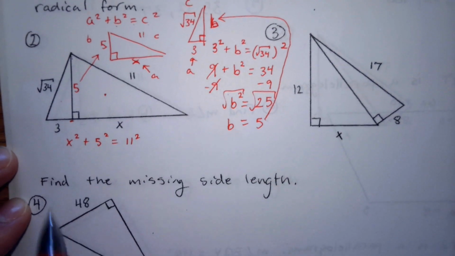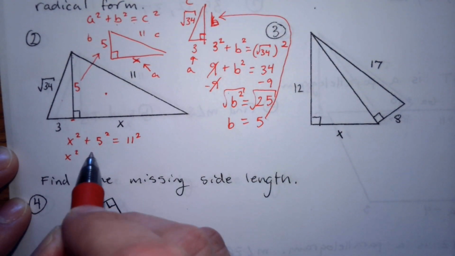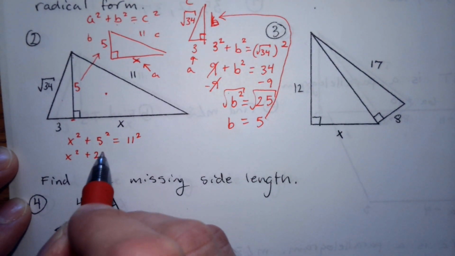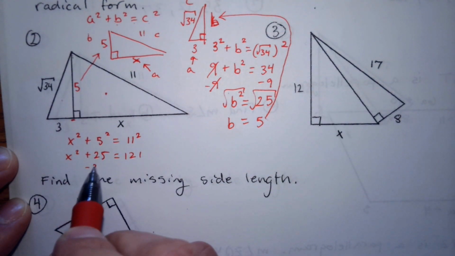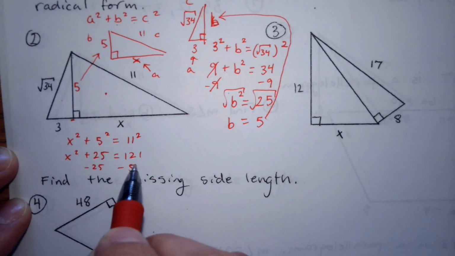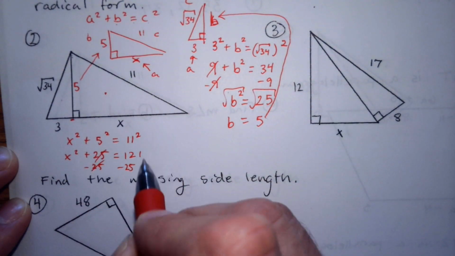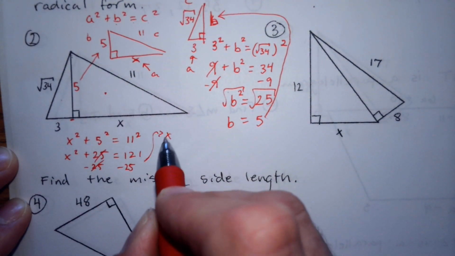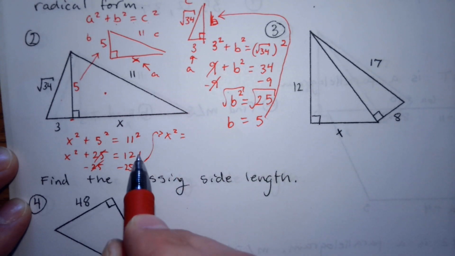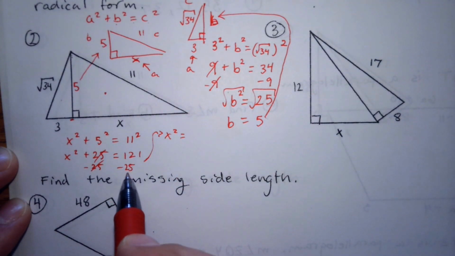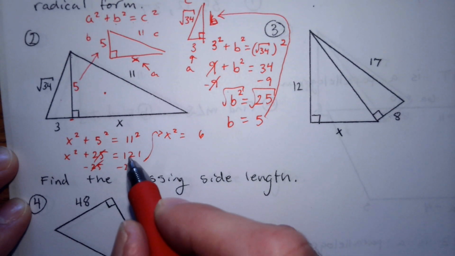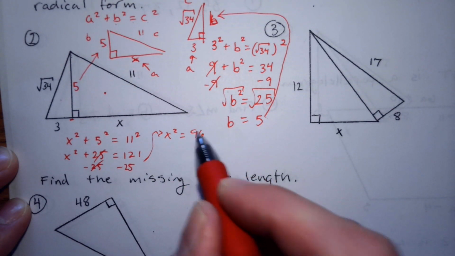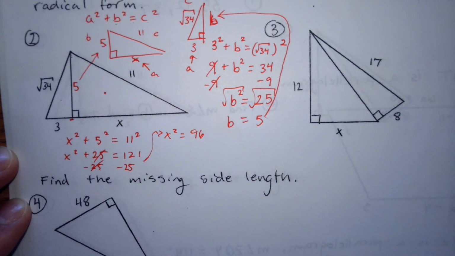Once you have this, you would multiply this out. So that's 25 and 121. Subtract 25. So we have x squared equals, what is that, 11, 10, 9, 8, 7, 6. Is that right? 11, 10, 9, 96? Yeah. Square root both sides.